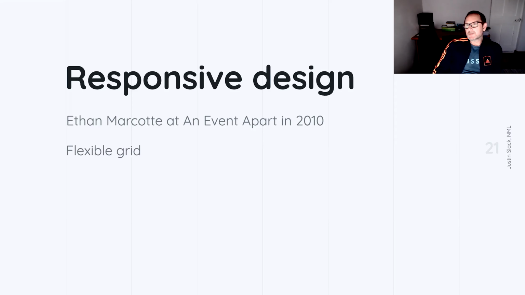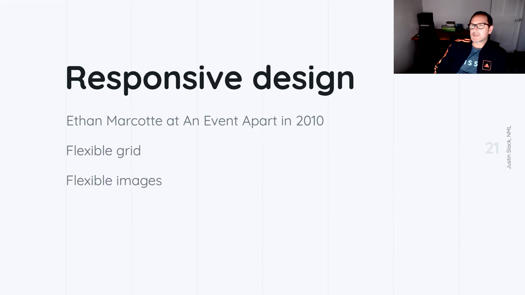The first one was a flexible grid, which was pretty much the same as fluid design, except now we had some other CSS properties that helped, like box-sizing, and we had a lot better browser support for CSS standards. So we had a flexible grid, and then we had flexible images, and this was a massive breakthrough.